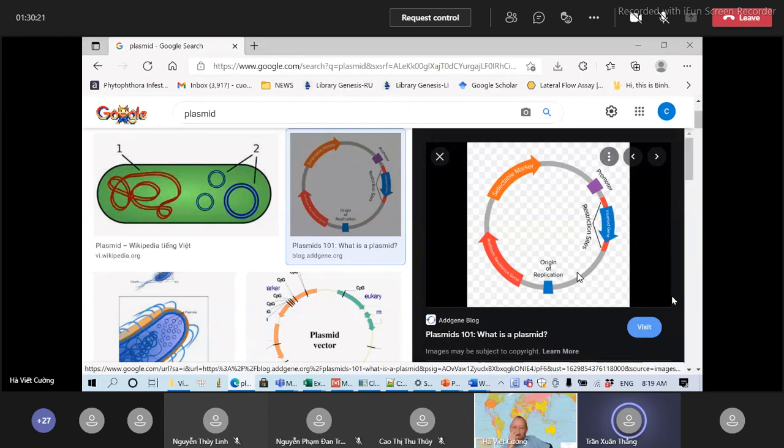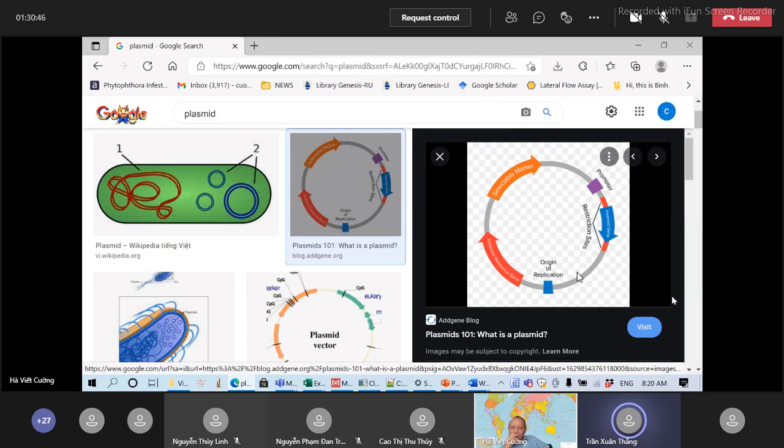So that means the plasmid replicates through what method? And the DNA, is it linear or circular? Circular form. It is in a circular form.